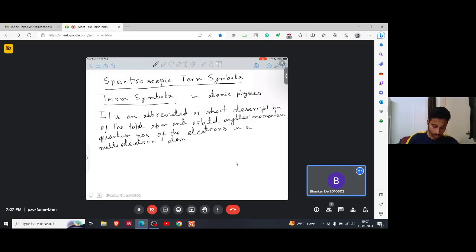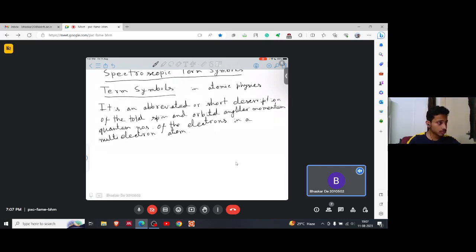Okay, so these term symbols are basically based on LS coupling.